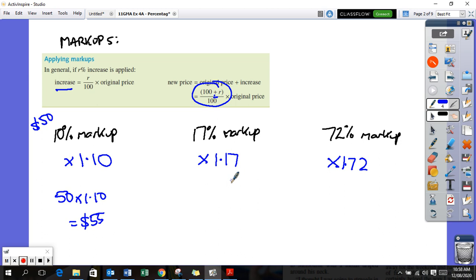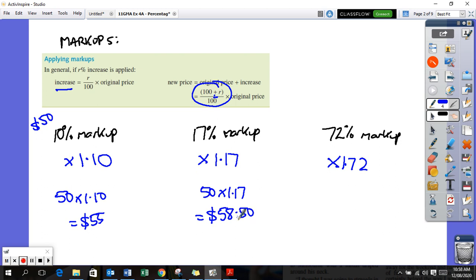If we've got a 17% markup, we go 50 times 1.17, and we get $58.50.